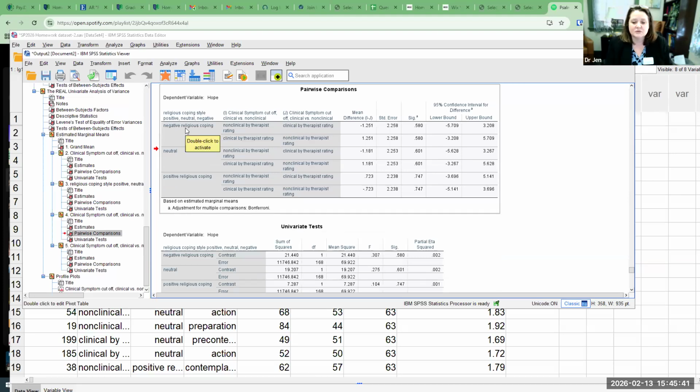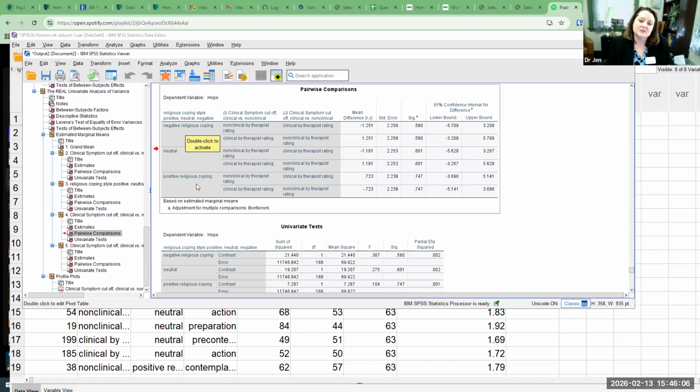And what it does is it should do it in 2 different directions. This one first clustered it by religious coping and then compared the 2 clinical symptom cutoffs. So for negative religious coping, if you compare non-clinical to clinical, that's where you find out if they're significant. Then for just the people in the neutral coping group, compare non-clinical to clinical: are they different from each other?